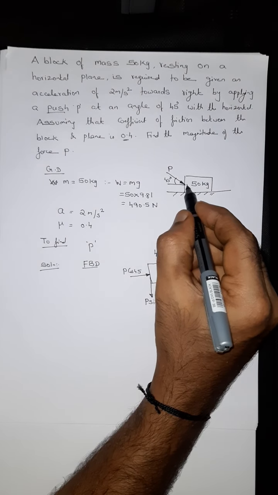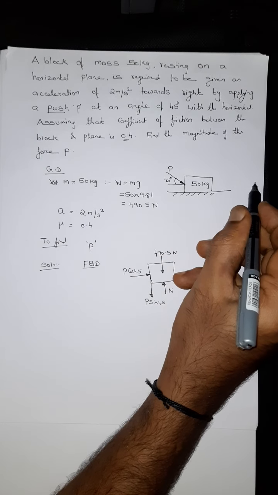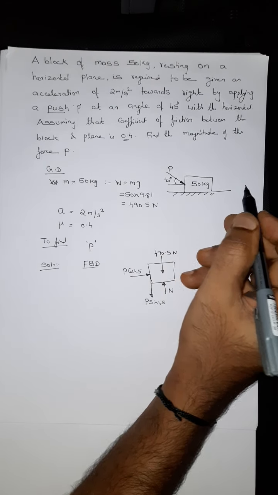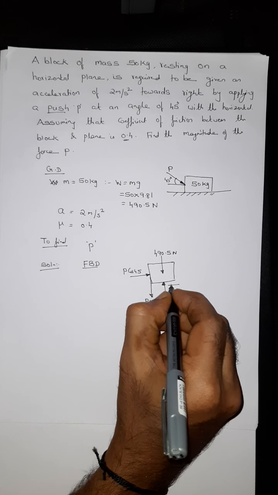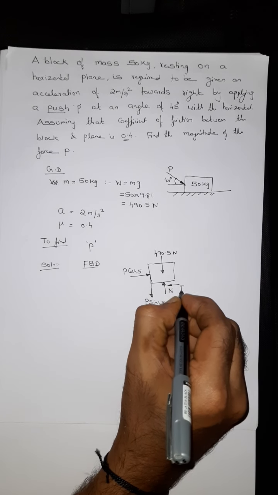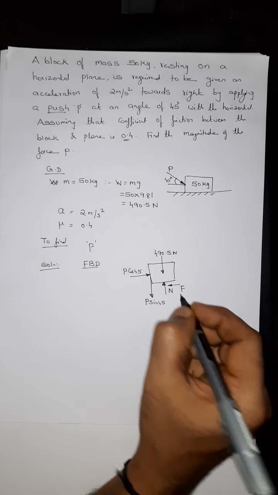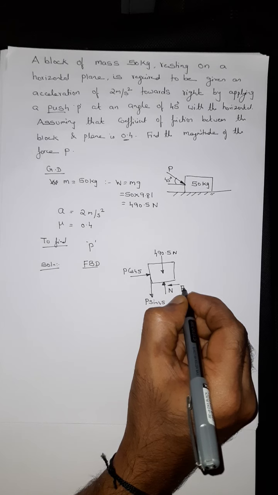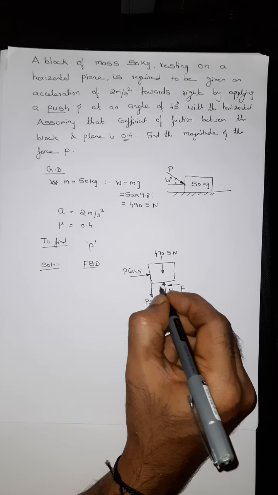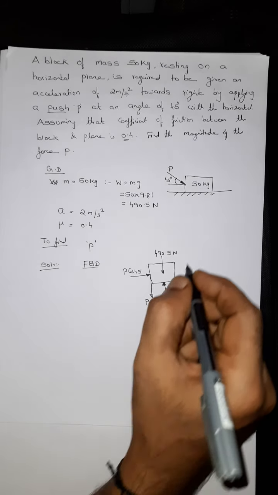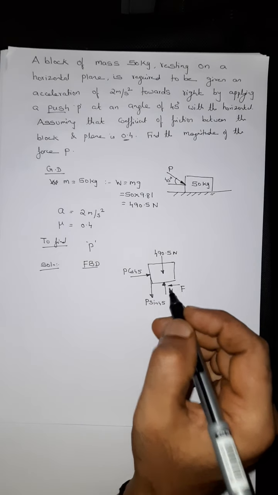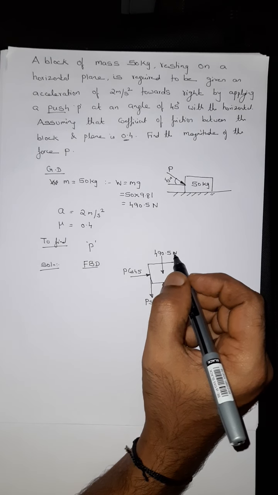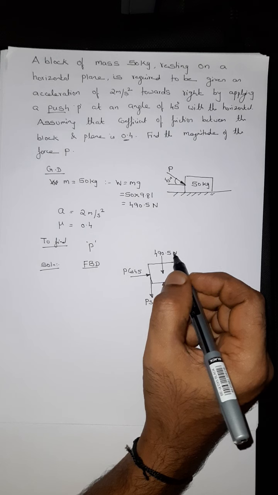In this case, the block is moving towards the positive x direction. So therefore, the frictional force would be opposite of the motion. So frictional force is acting in the negative x direction. And inertia force, because we are going to solve this problem by using D'Alembert's principle.